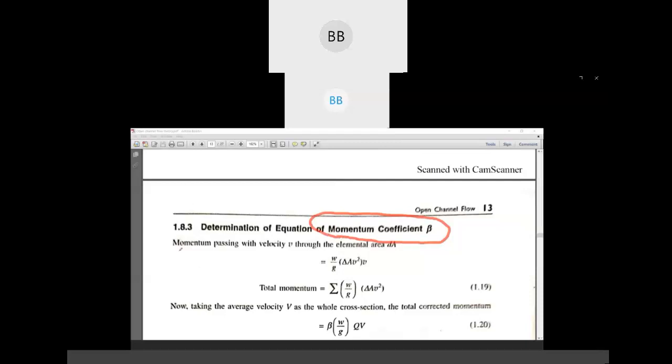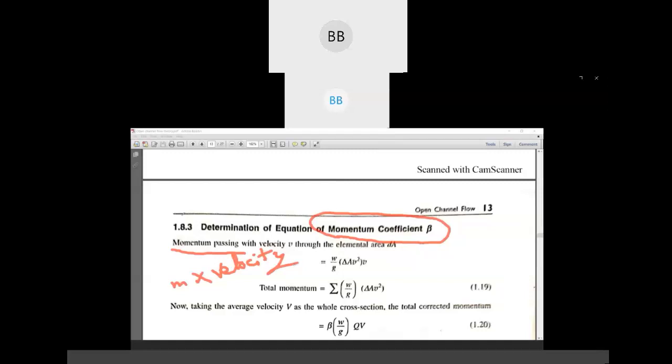But here we know what momentum is. Momentum is mass into velocity.